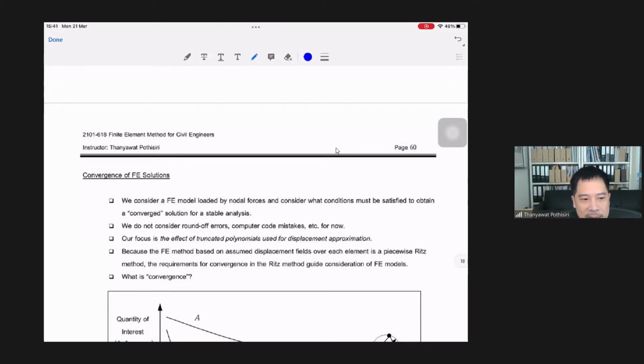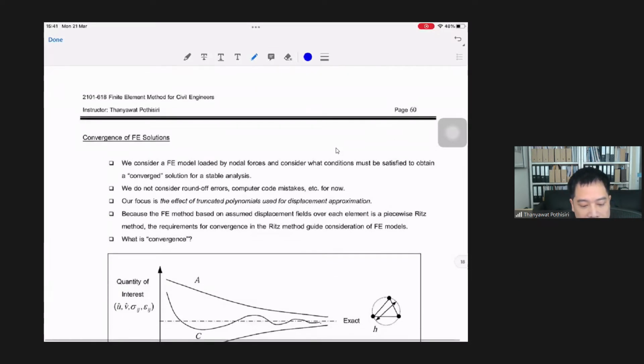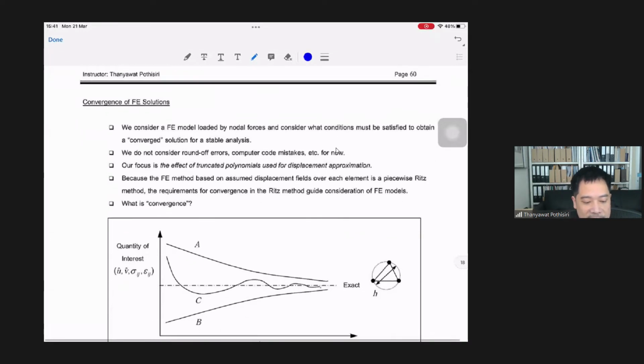And in doing so, we would observe that when you try to minimize your error, the obtained solution gets closer and closer to what we'd like to obtain, which is the exact solution. The way in which your solution can get closer, or what we say converge to the exact solution, can be different.